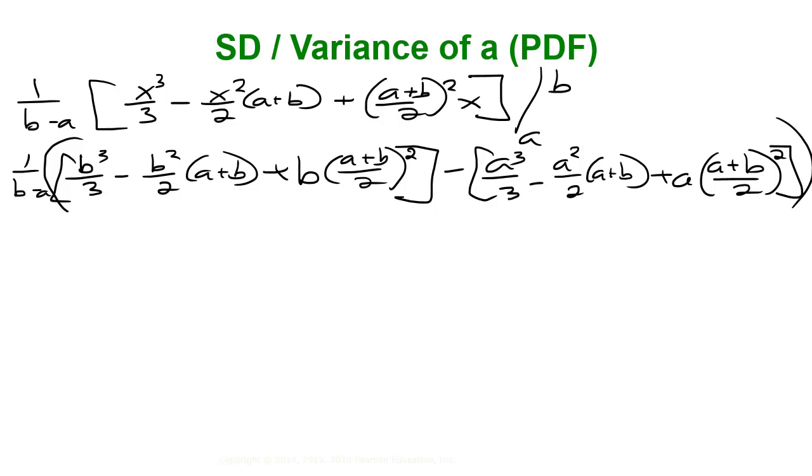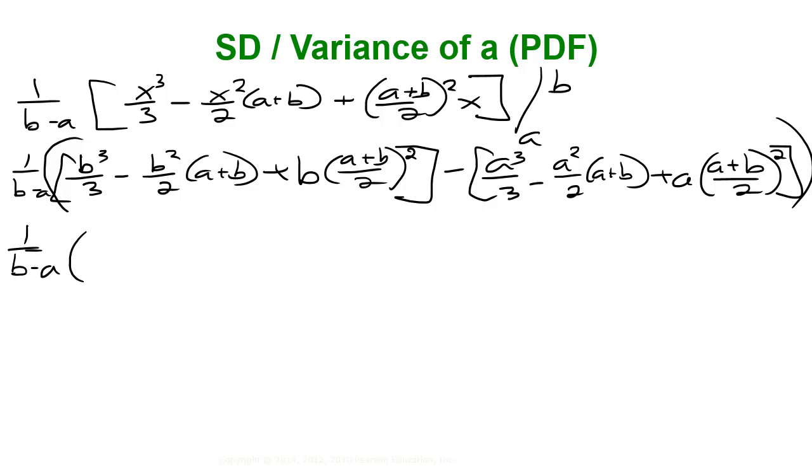Right? So it's nothing difficult. It just gets messy with all of this stuff. Now, again, feel free to fast forward at any time and not follow along with all this because it's just some messy algebra.